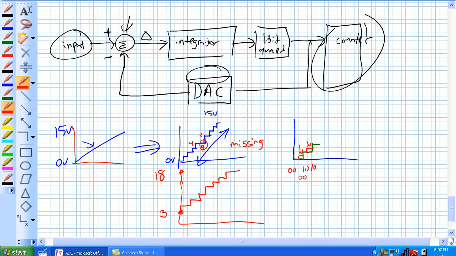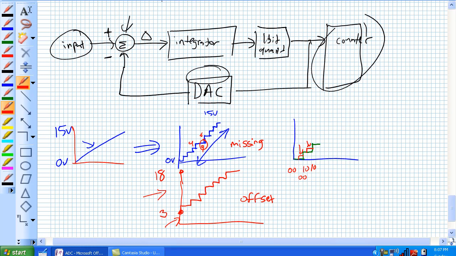So if a 0 converts to 3 and a 15 converts to 18, what you've got is an offset error. What might be happening here is for some reason you're inadvertently adding 0, 0, 1, 1 to every particular conversion there. Okay, so offsets.